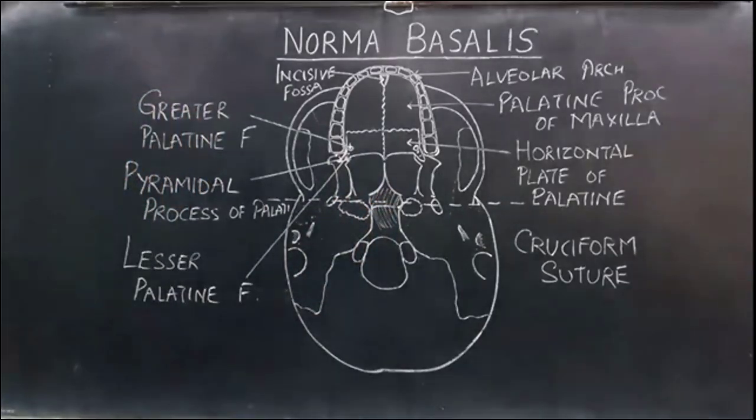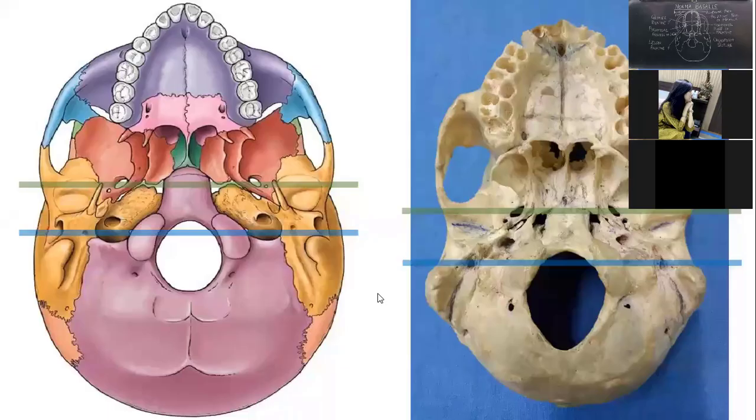So let us get back to our picture that we were looking at. Right. So you can clearly see the anterior imaginary line. It is passing through the foramen ovale and the roots of the two pterygoid plates and the foramen lacerum.